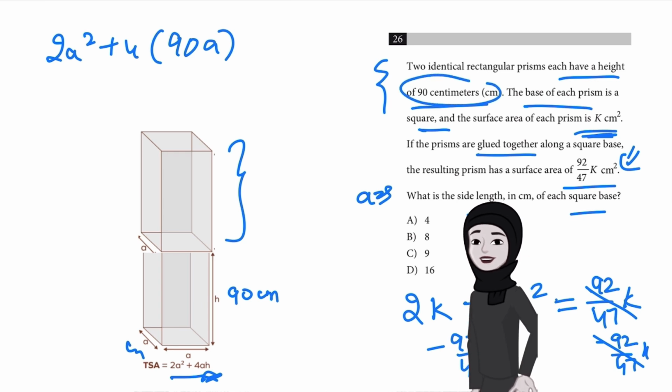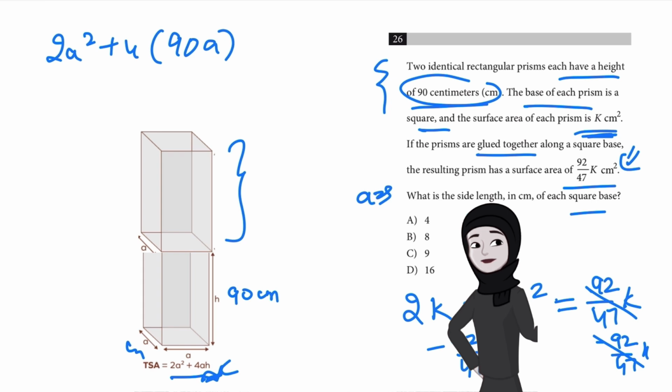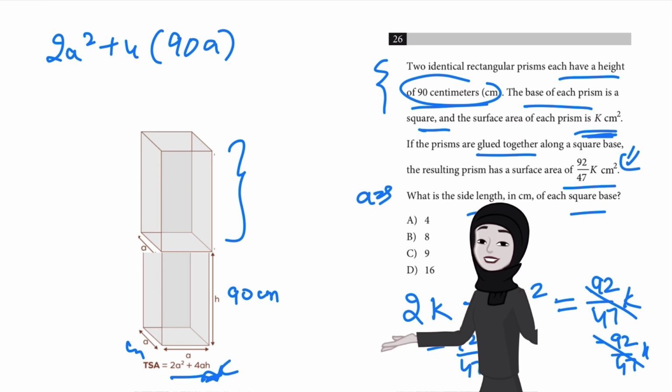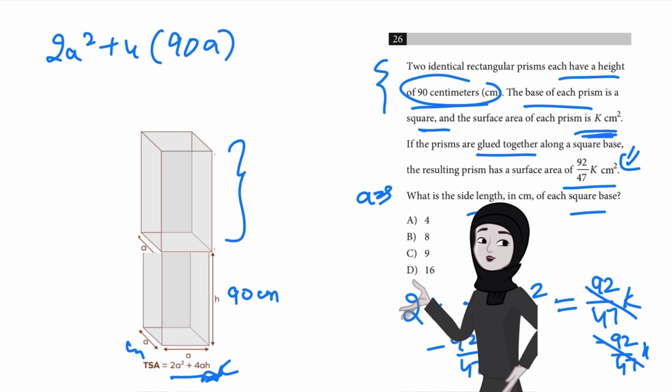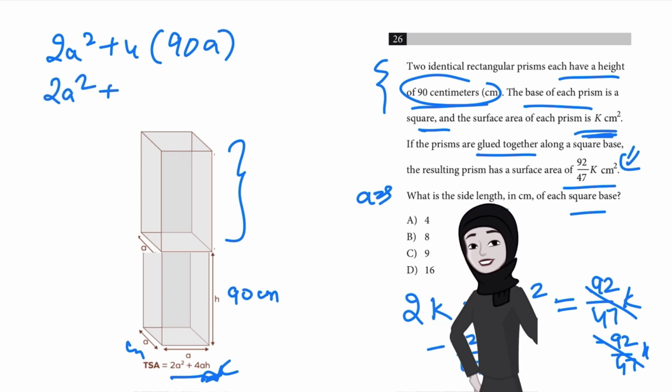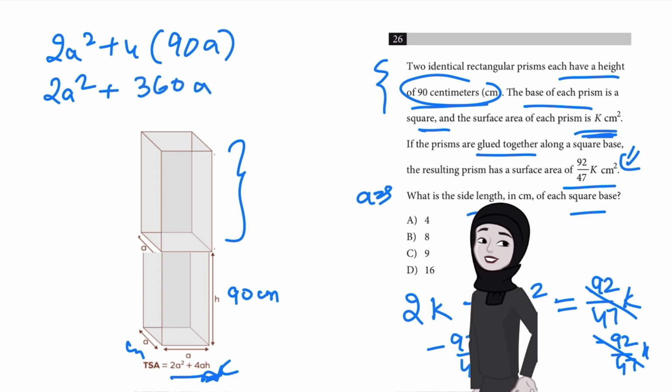So I'm just substituting the value of h, the height, in this formula, because the total surface area is 2a squared plus 4ah. So the surface area of each rectangular prism can be represented by 2a squared plus 4 times 90a, or when we simplify this, 2a squared plus 360a.